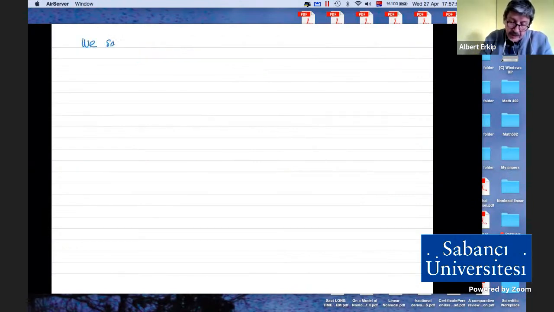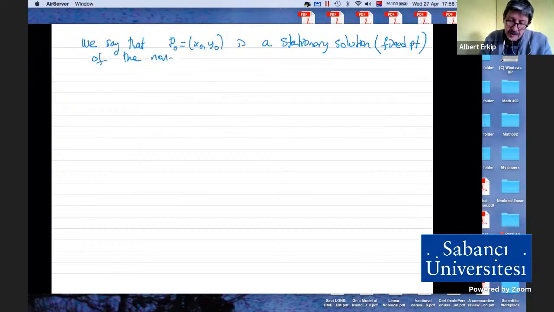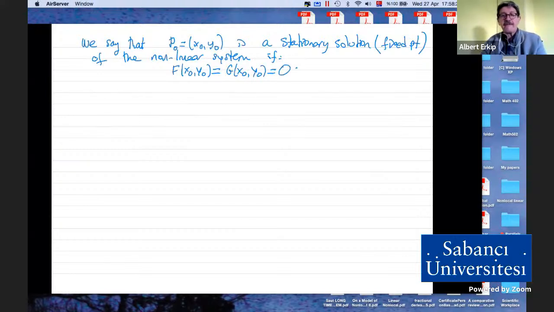We say that a point P0, which is (x0, y0), is a stationary solution or a fixed point of the nonlinear system if the following holds: f(x0, y0) equals g(x0, y0) equals 0. Okay, so this we call a stationary solution.